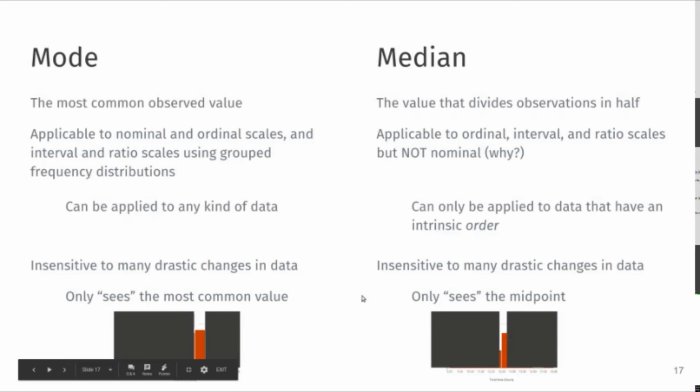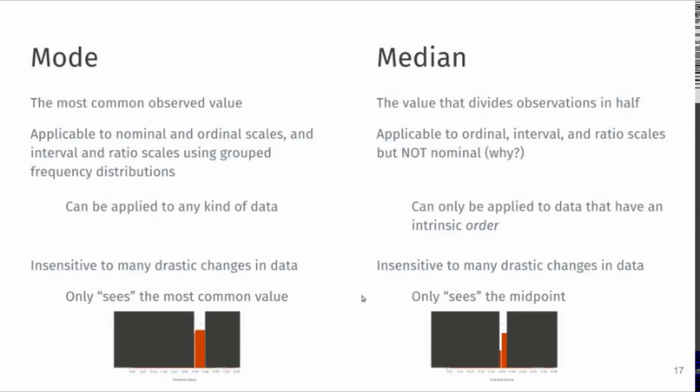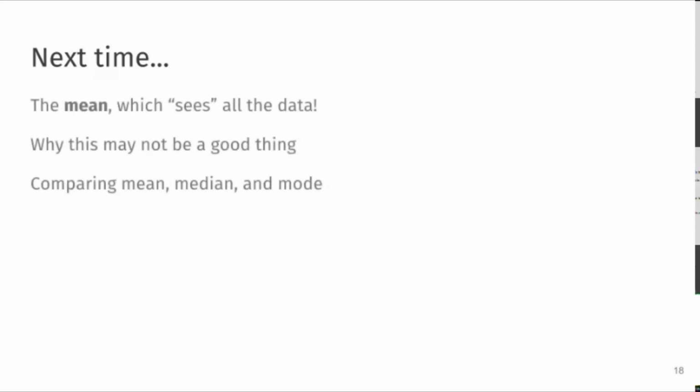So this is pointing to the need, perhaps, for a different measure of central tendency, which we're going to call the mean. And the mean takes into account all of the data. It gets to see every single observed value, and all of them influence the mean. So, all right, that seems good, right?